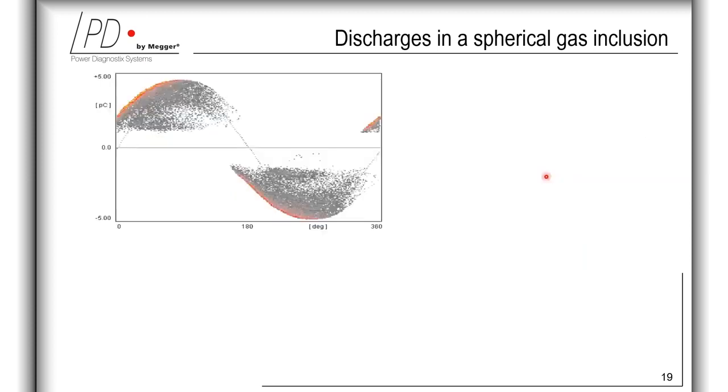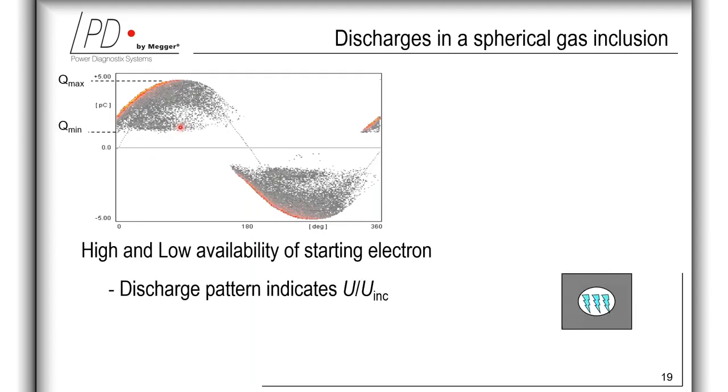On the previous slide, we have seen the case with low availability of starting electrons, and here the PD pattern with high availability of electrons is shown. The alternating component of the internal electric field of such a cavity is proportional to the applied external voltage, whereas every discharge activity causes a direct electric field offset, which is here denoted by the Q min.